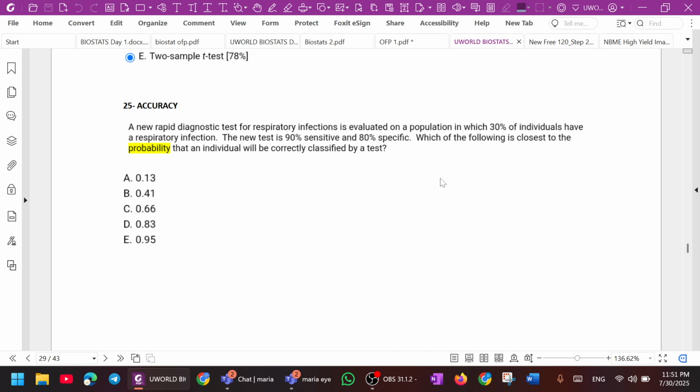They put 30%, isn't it? 30% patients with respiratory tract infection. So the column of the disease positive is 30, and here true positive is 27 out of 30.